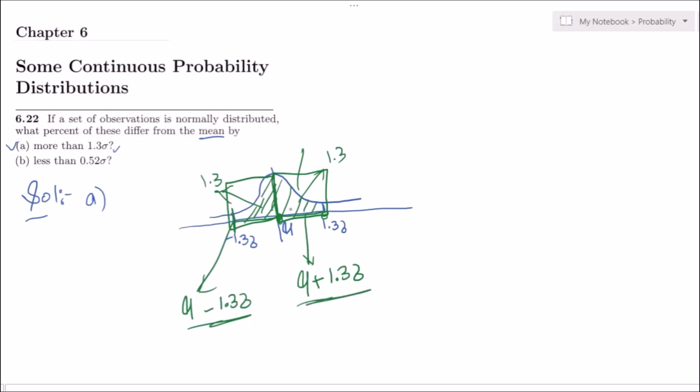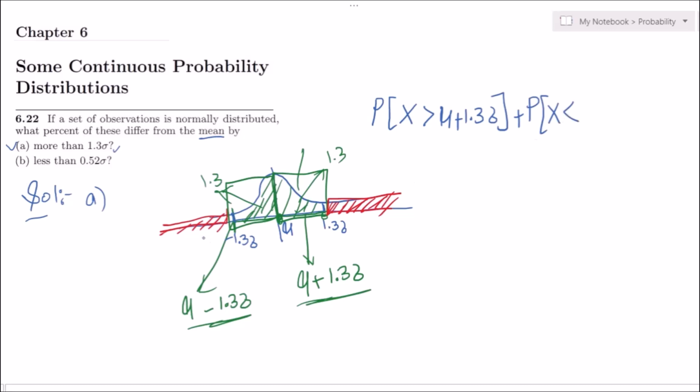Now in order to find the probabilities, the percentage we want to find is this area and this area. So it would be the probability that x is greater than mu plus 1.3 times sigma, plus the probability that x is less than mu minus 1.3 times sigma. Okay, so these are the equations.